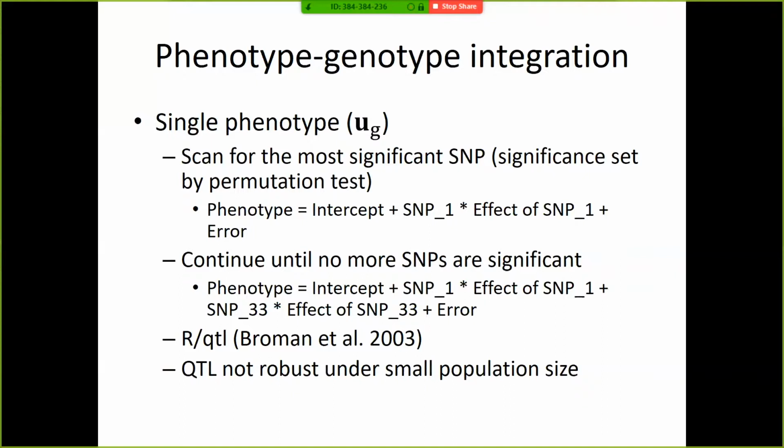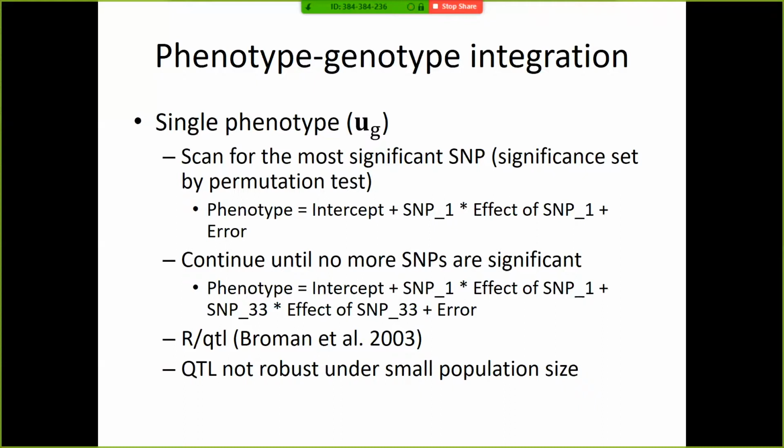The basic idea is you scan the genetic map for significant SNPs, and you include them in your model, and you keep doing this until no more SNPs are significant. For example, you end up with a particular phenotype equals an intercept plus SNP1 multiplied by the effect of SNP1 plus SNP33 multiplied by the effect of SNP33 plus the error term, where the SNPs are fixed effects. And we did this with RQTL, again, an R package.